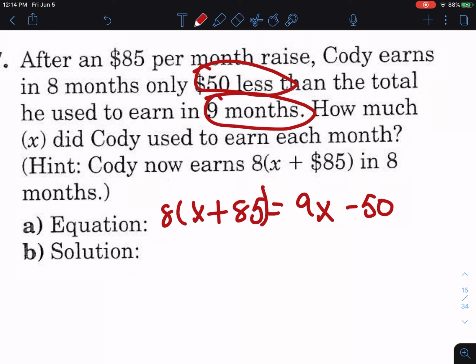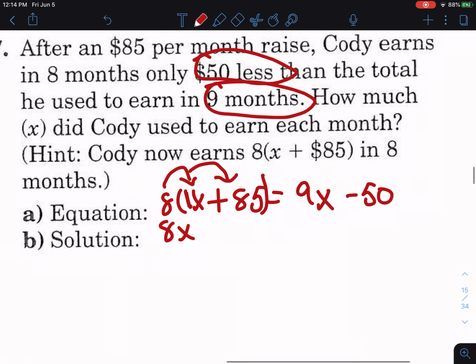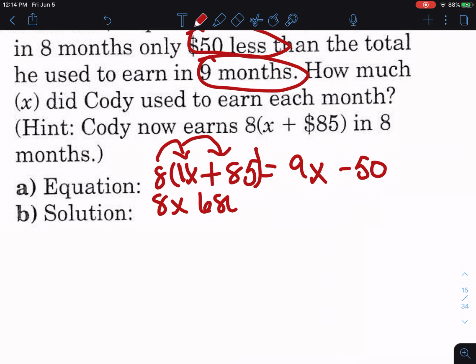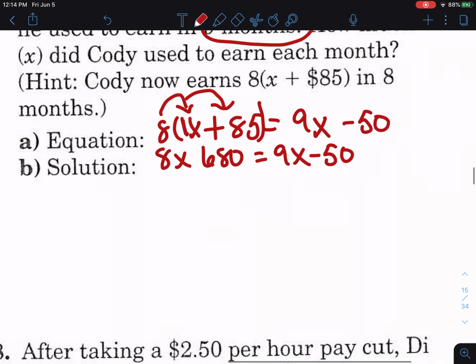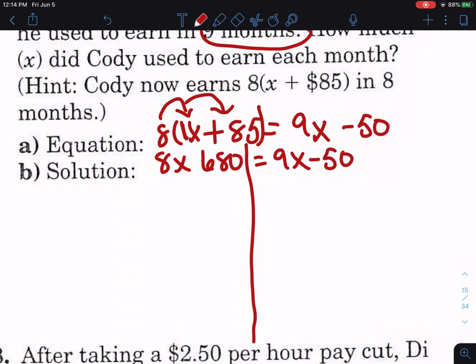Okay, this one's a little bit more tricky because we got a couple of steps. First, we got to distribute that 8 to everything in those parentheses before we can really get going. Put your invisible 1. So 8 times 1X is 8X, and 8 times 85 is 680 equals 9X minus 50. Okay, now this is more similar to the equations we've been doing.